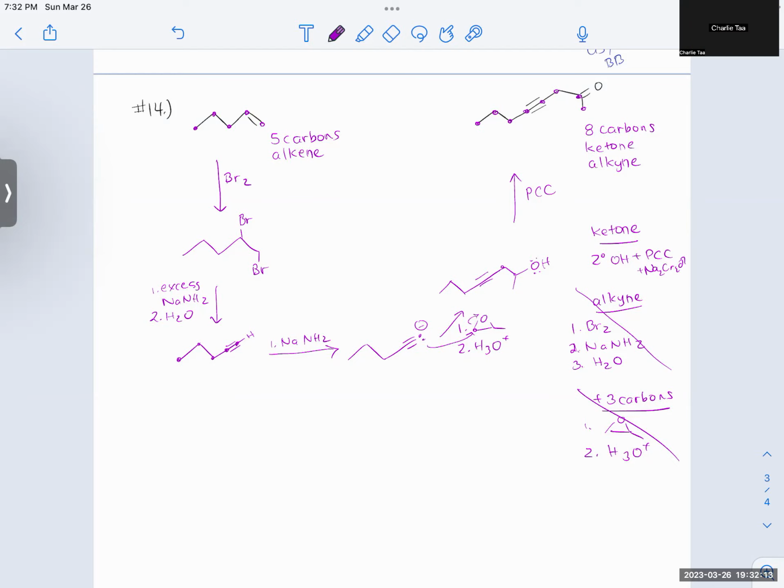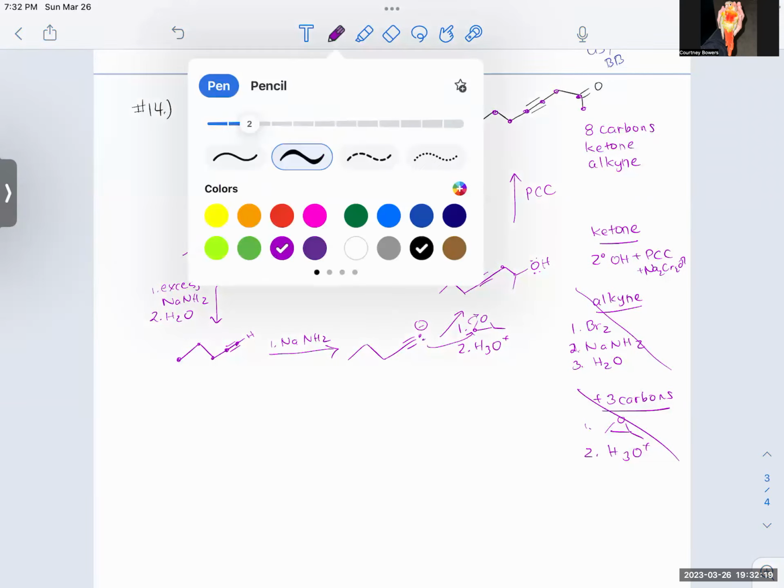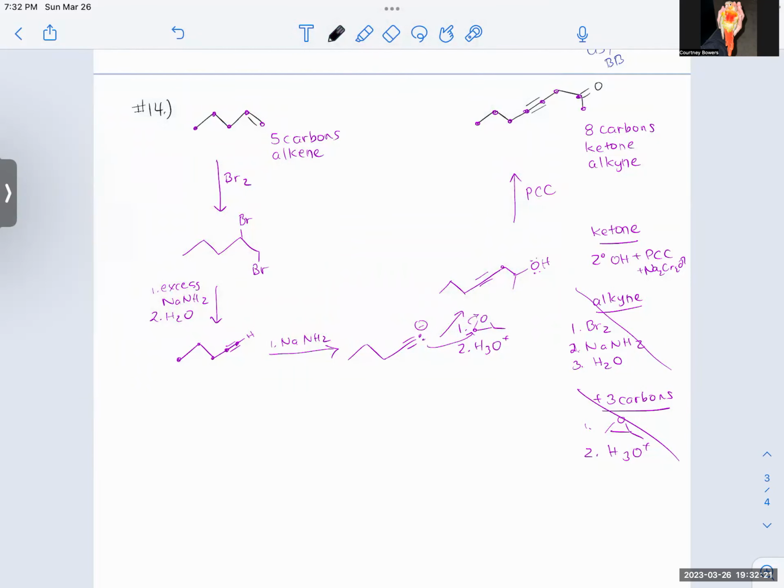I was trying to find the answers to those questions earlier, and I think I understand. So we have NaNH2, right? NH2 is negative. It can deprotonate alcohol. Yeah, so that's why you wouldn't do that before.